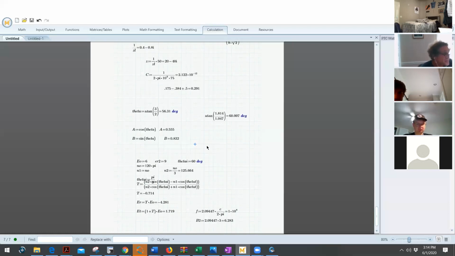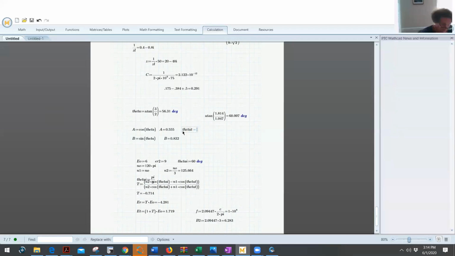I messed that up. So that means right here, theta transmitted, just bear with me, should be equal to the inverse sine of beta 1 over beta 2 times the sine of theta incident, which is pi over 3. I'm going to have to get new values here.